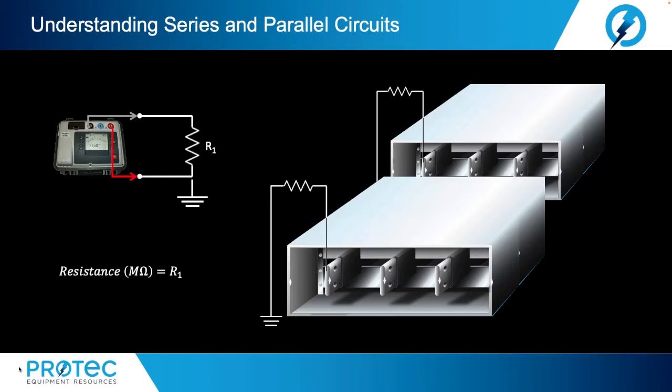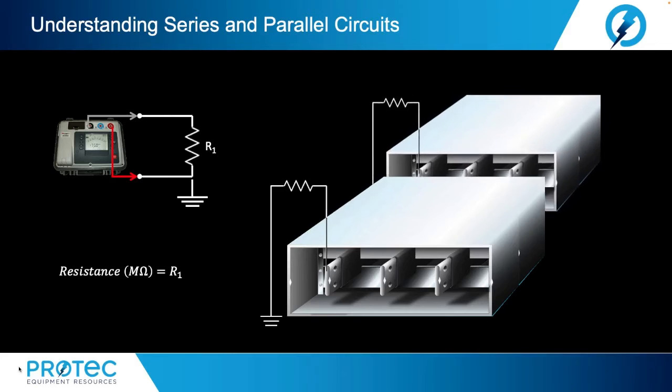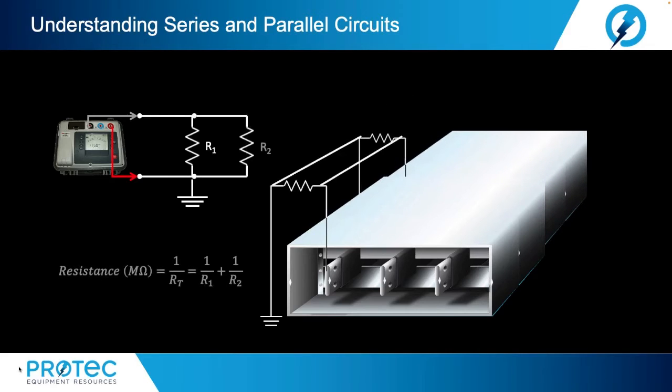Now, as we assemble this busway and we add another segment, watch what happens. So we add another segment. In essence, we are now measuring the resistance of segment R1 plus the resistance of segment R2. But look, these are parallel values.